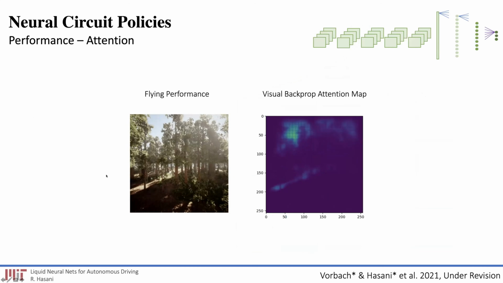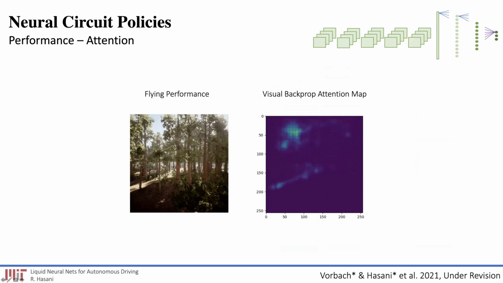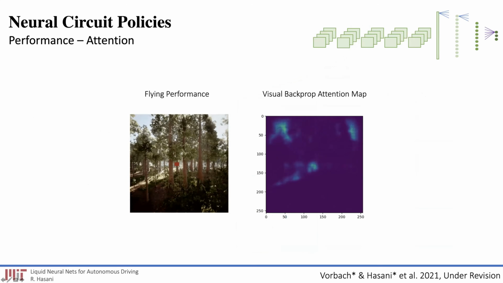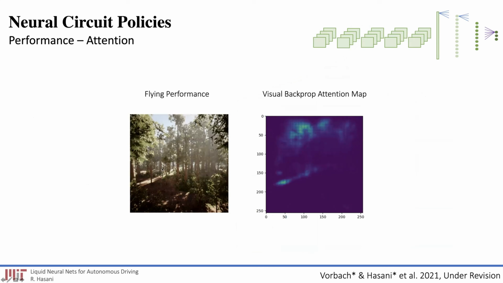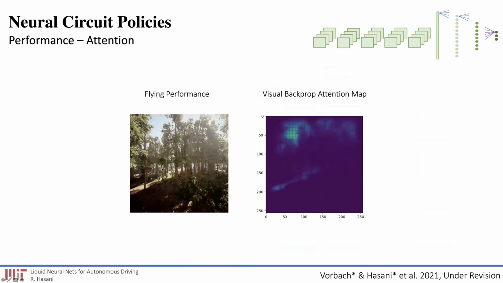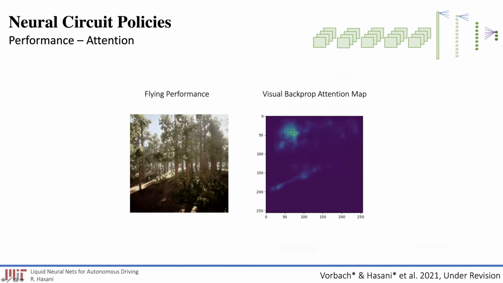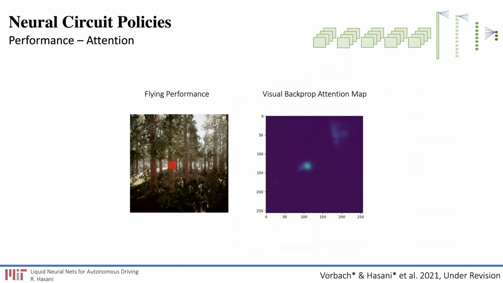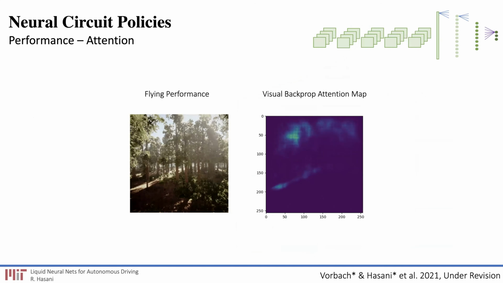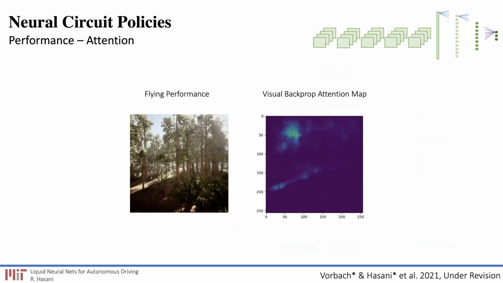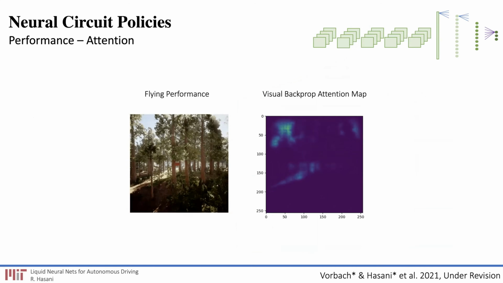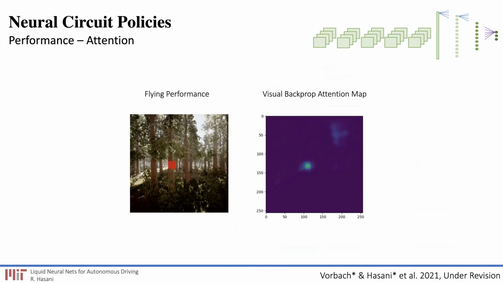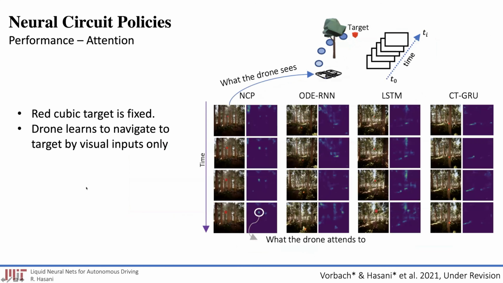Now in action, we see the drone navigating into this forest, and as soon as a target appears, the entire attention map of the network goes to that target. And we have 24 neurons performing this with very small convolutional layers with 70K parameters, not in the range of millions.